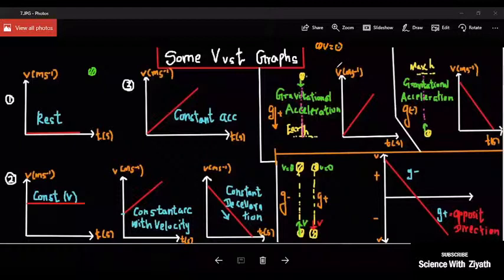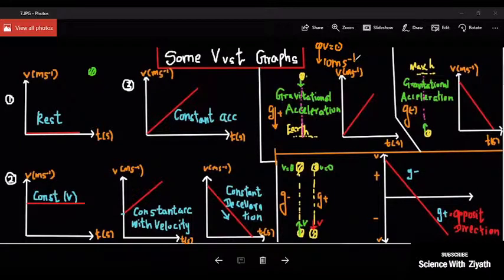When we do this question, you will understand very clearly. When it falls, after 1 second the velocity will change into 10 ms minus 1. Gravitational acceleration. After 10 seconds, 100 ms minus 1.